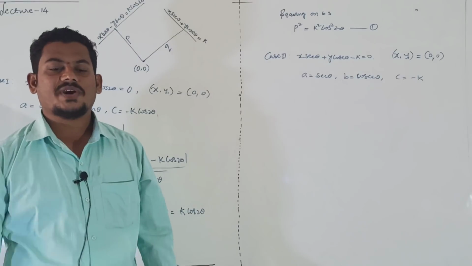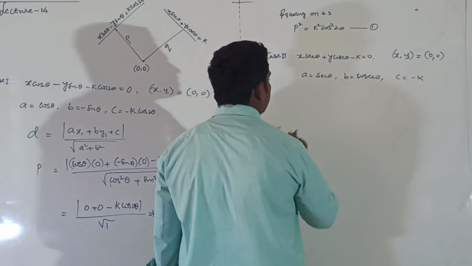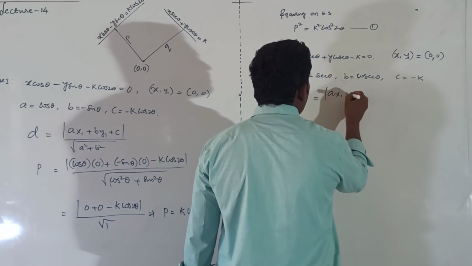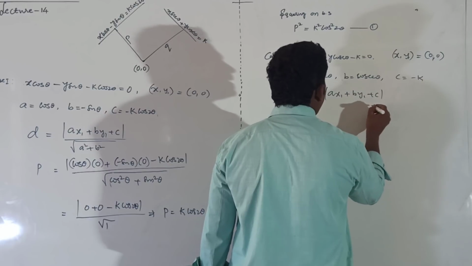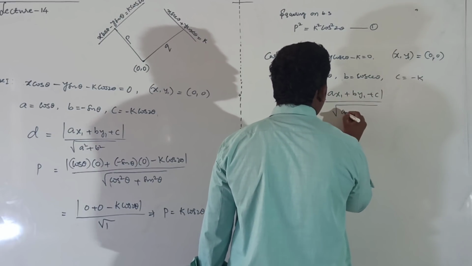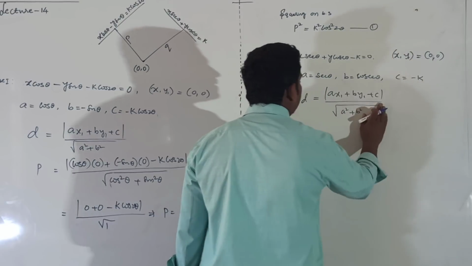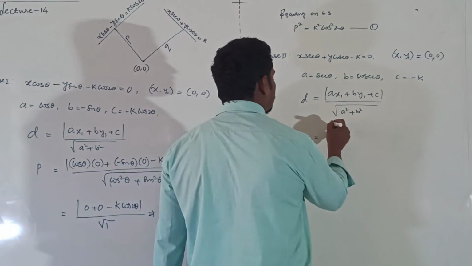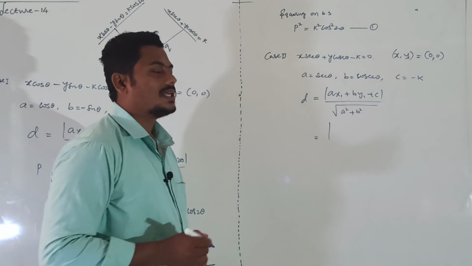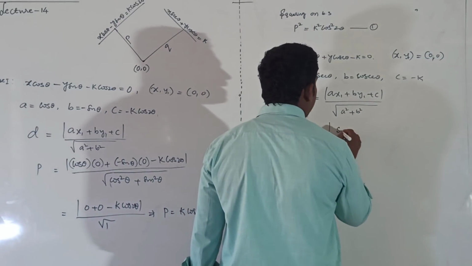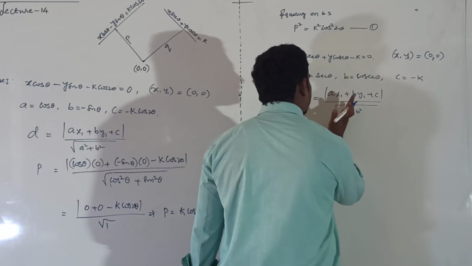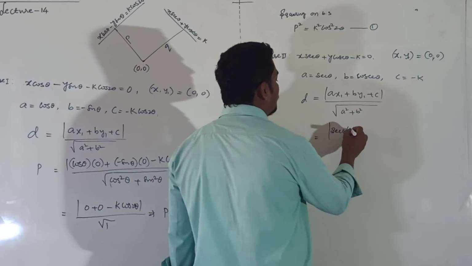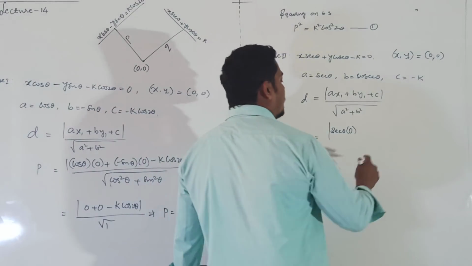Just use distance between point and line formula, right? D is equal to formula modulus of ax1 plus by1 plus c whole thing divided by square root of a square plus b square, right? That's equal to. Now modulus of, in this case what is a value? Secant theta. Secant theta into, what is x1 value here? 0, right?